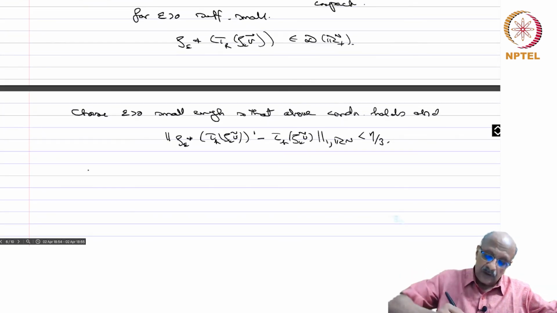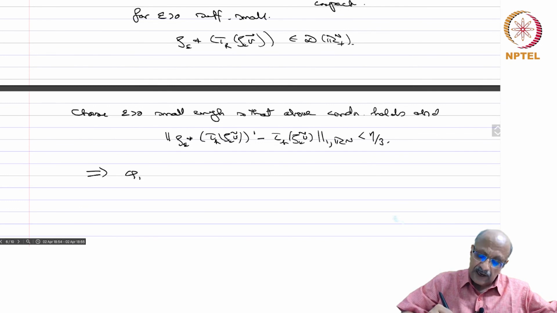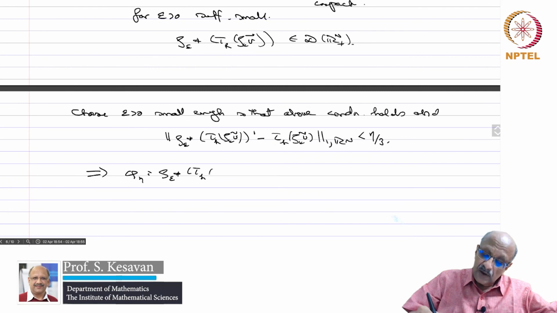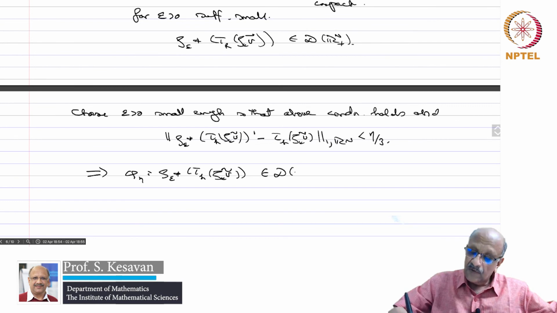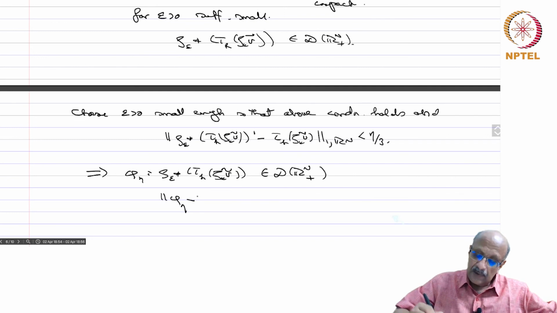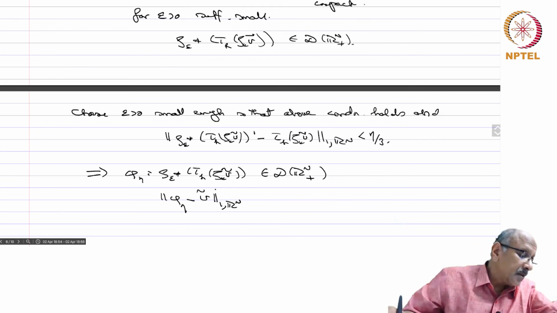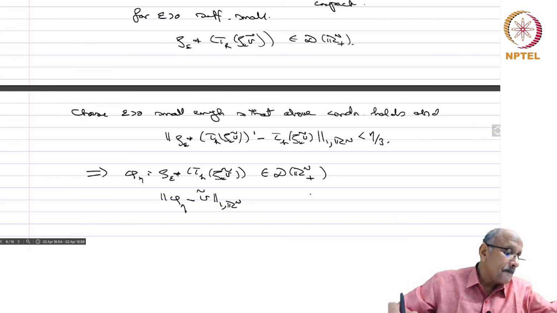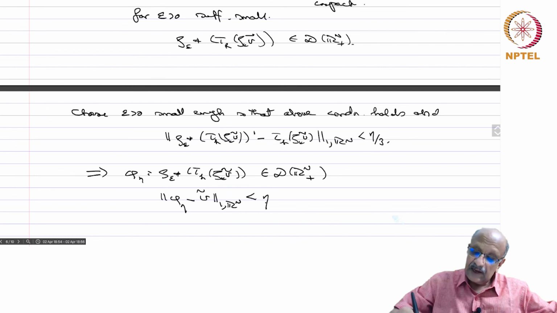So then phi eta equals rho epsilon star tau h zeta k V tilde belongs to D of Rn plus, and you have the norm of phi eta minus V tilde in H1 of Rn is less than eta, because by the triangle inequality you have 3 times eta by 3.